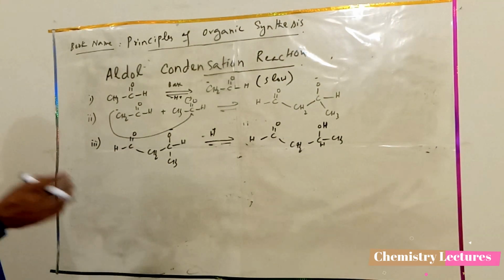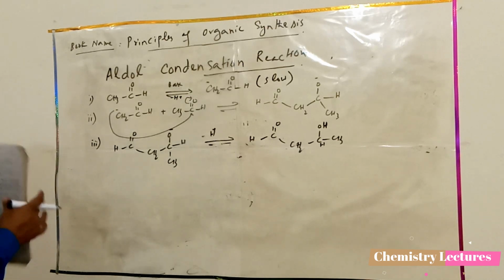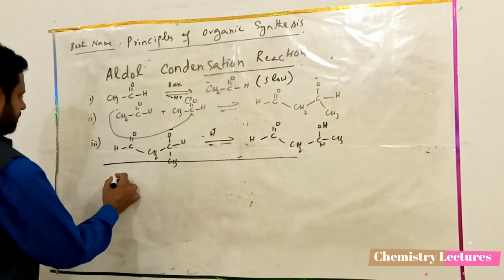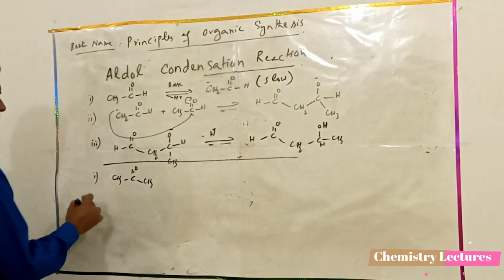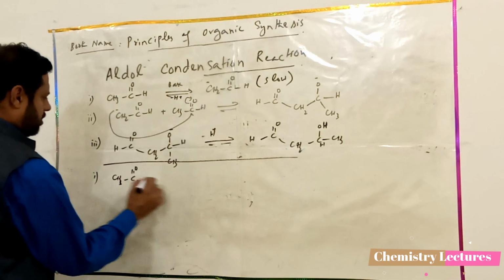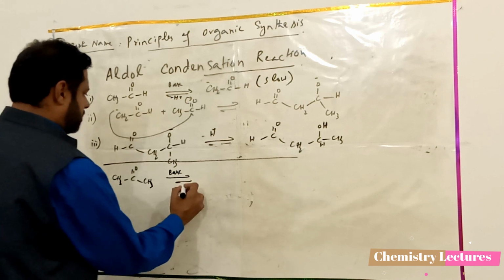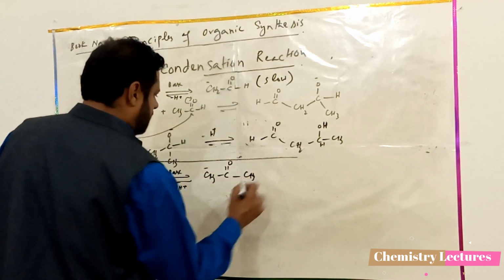However, when you carry out the reaction with a ketone, there is some difference. Now I will write the mechanism for the ketone. We have this ketone in the first step. When you treat it with the base, it will abstract a proton in a similar way from one of the active methylene groups.